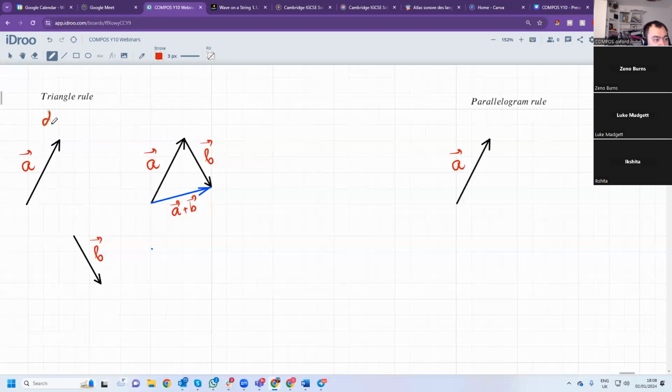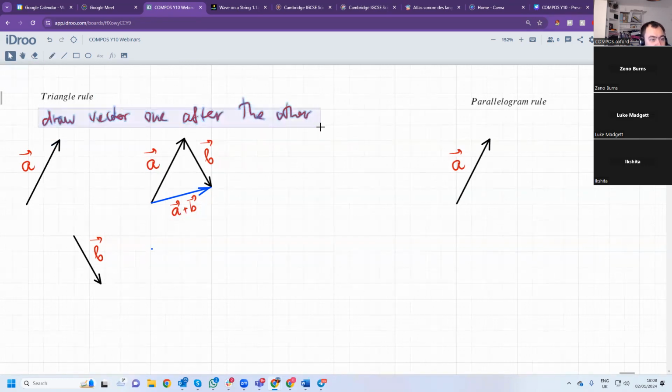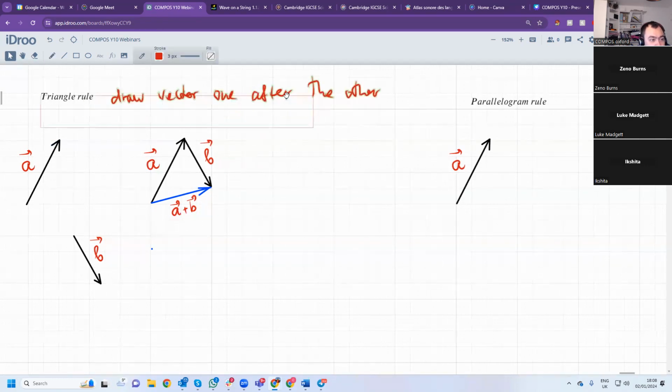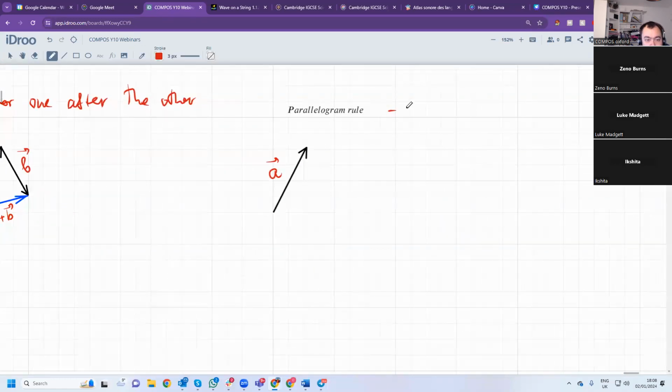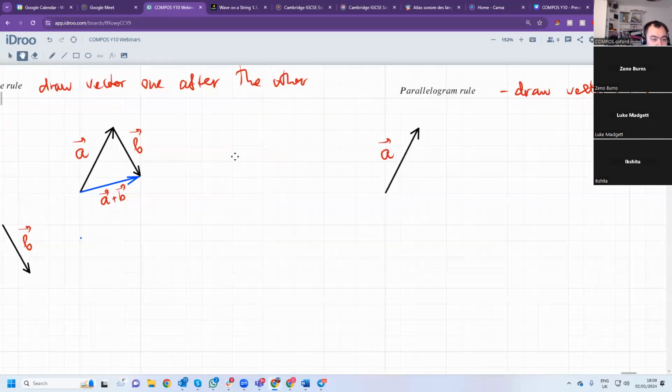So you draw vectors from the same point.